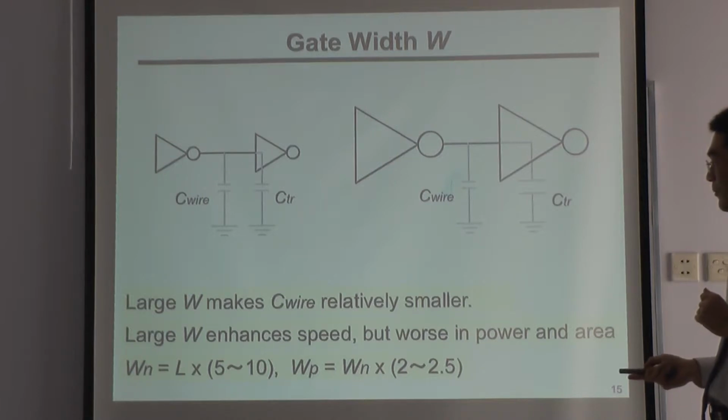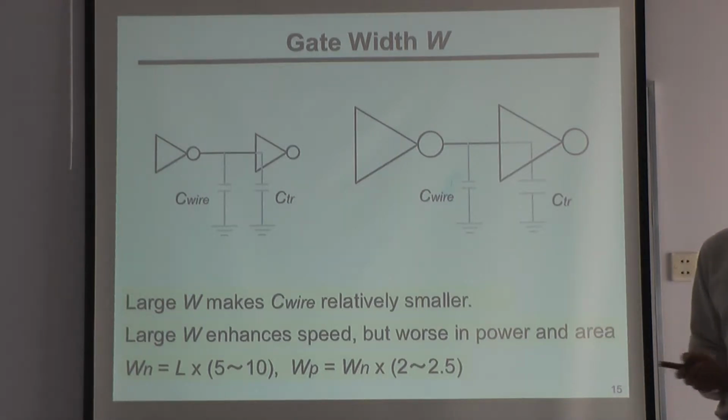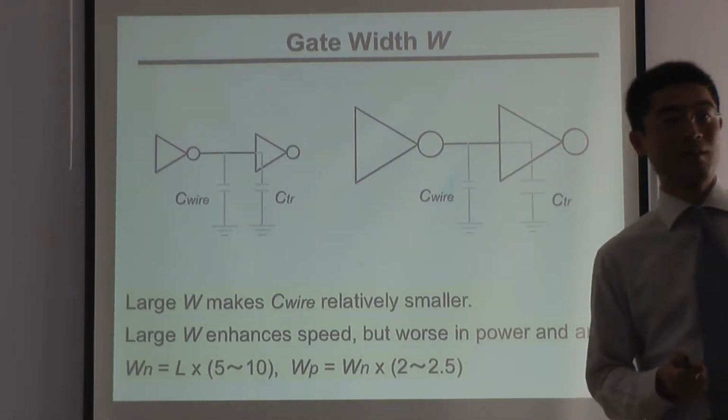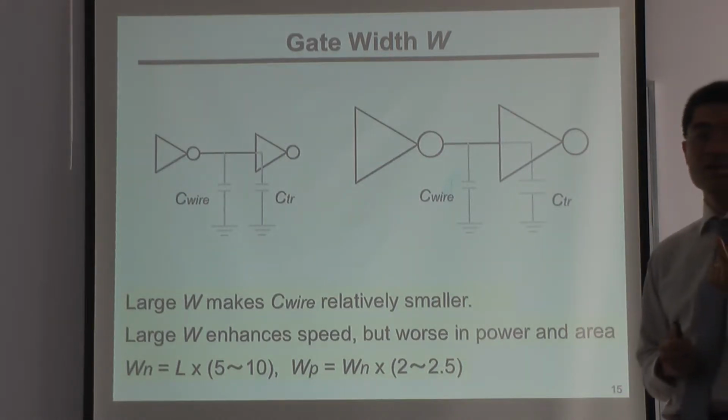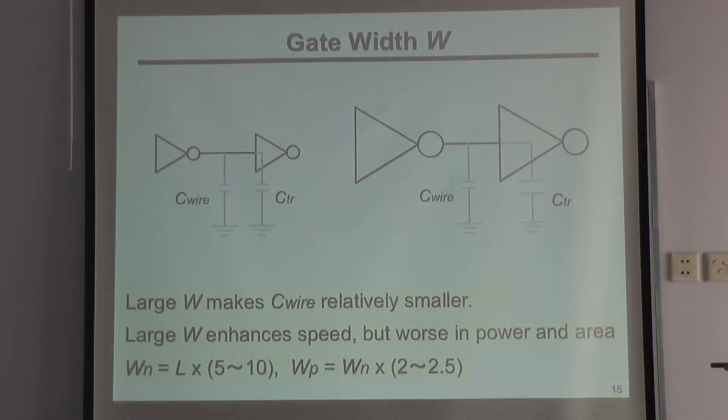And WP, usually the mobility of PMOS is less than the mobility of NMOS, so we use larger PMOS compared with NMOS. And WP is usually 2 or 2.5 times larger than the W of NMOS. And this value is very important.